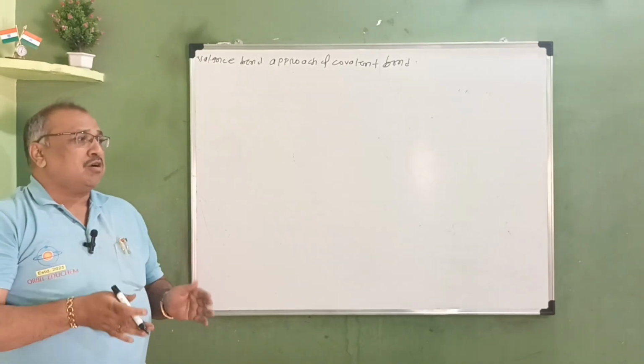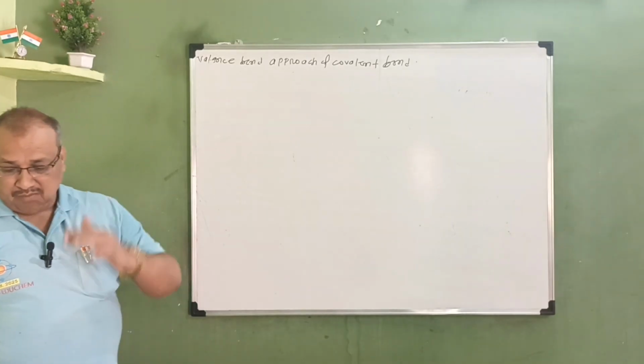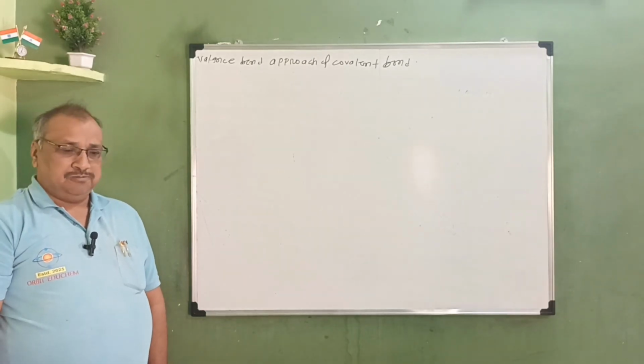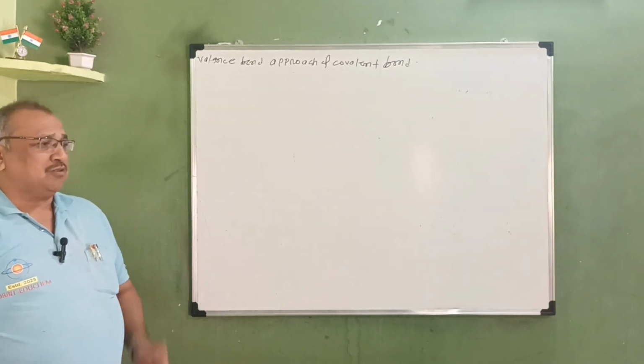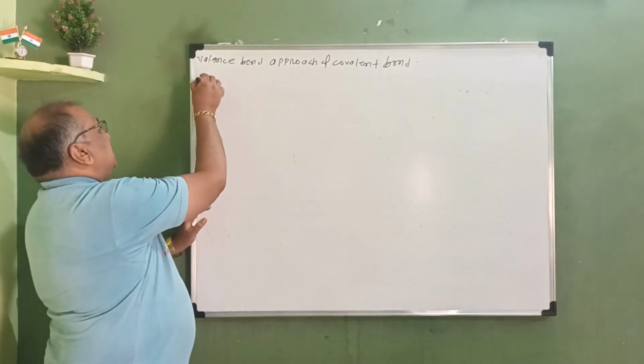That means the number of covalent bonds formed is equal to the number of half-filled atomic orbitals, or the number of unpaired electrons present in the atom. Suppose you consider the molecule F2.